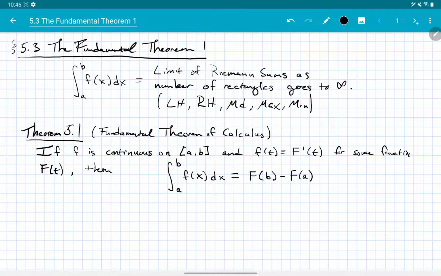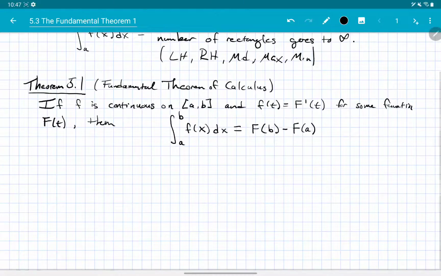So to actually calculate this limit of Riemann sums as the number of rectangles goes to infinity, all we need is a function whose derivative is the function we're trying to take the integral of.